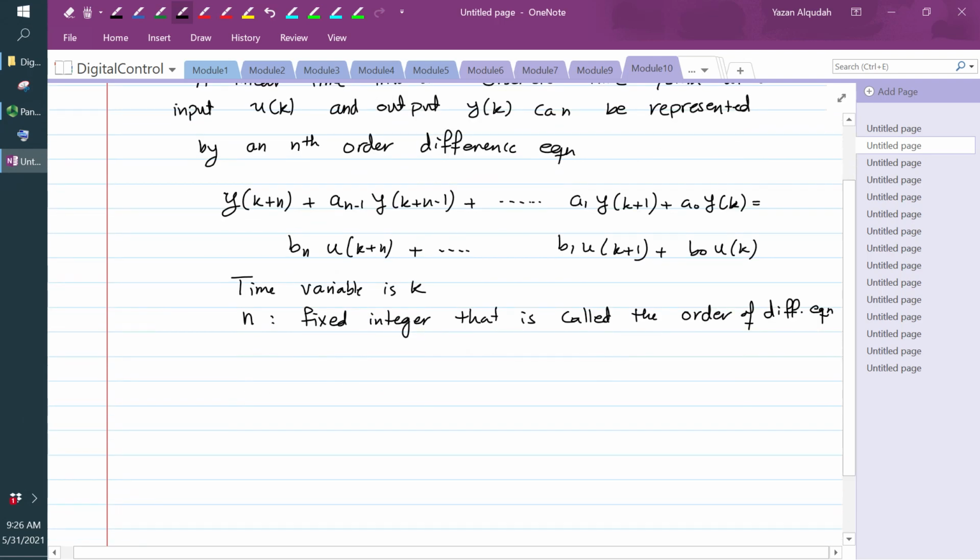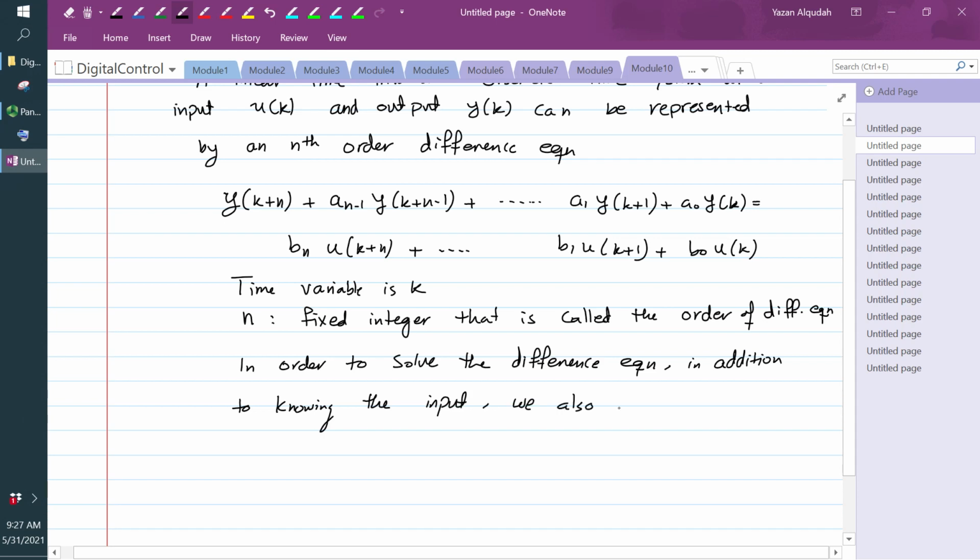Okay, now in order to solve this difference equation for y of k when k is greater than n, in addition to the input u of k, we also need initial conditions.